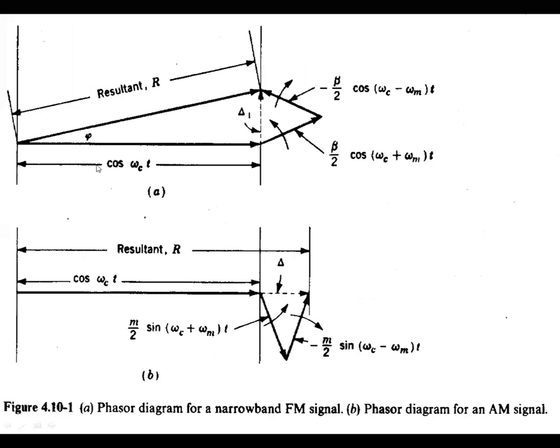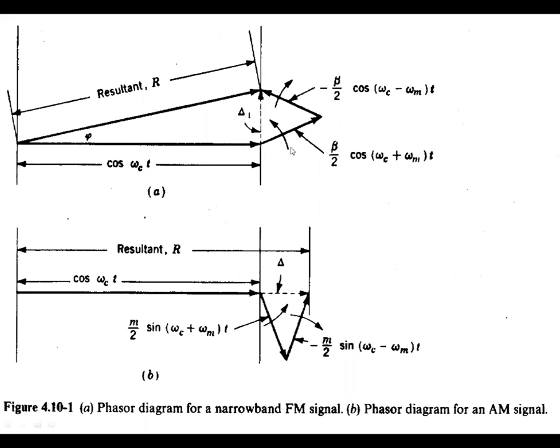So that is projected in the graphical evolution of the phasor diagram. Omega c is this one, and one of the sidebands is on the positive axis, rotating in the counterclockwise direction.